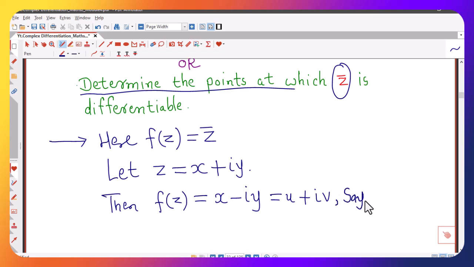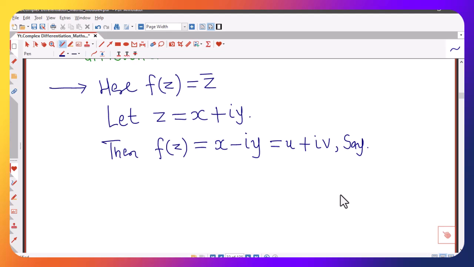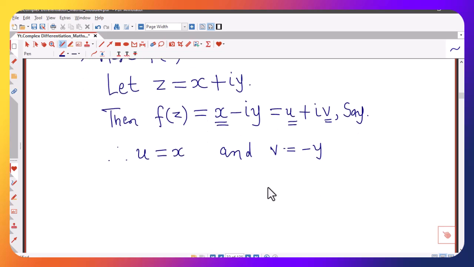Suppose this is equal to u plus iv. Then if we compare these two, we have u equal to x and v equal to minus y. Therefore real part is u equal to x and imaginary part is v equal to negative of y.